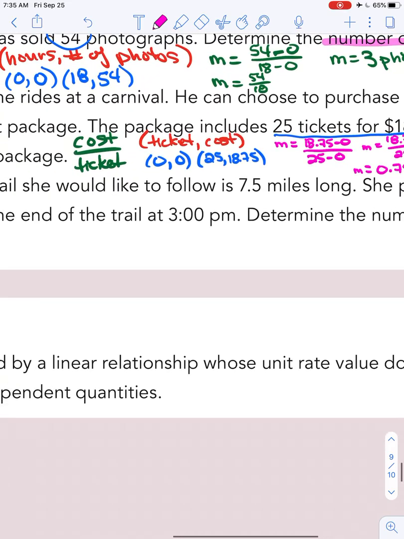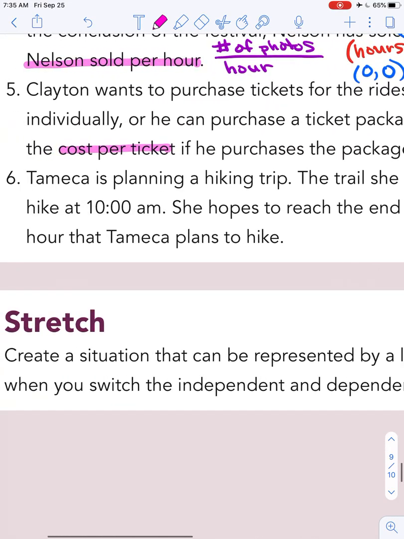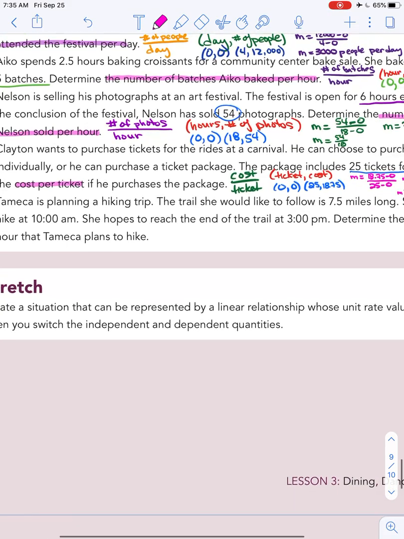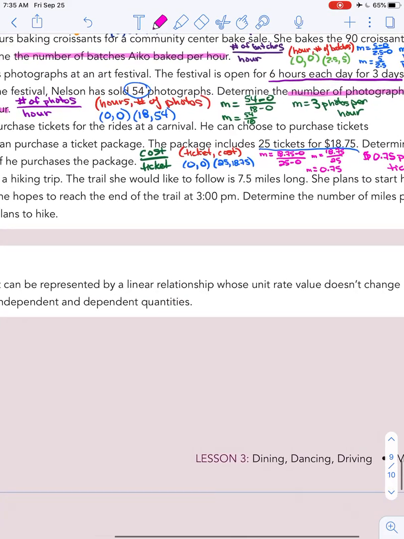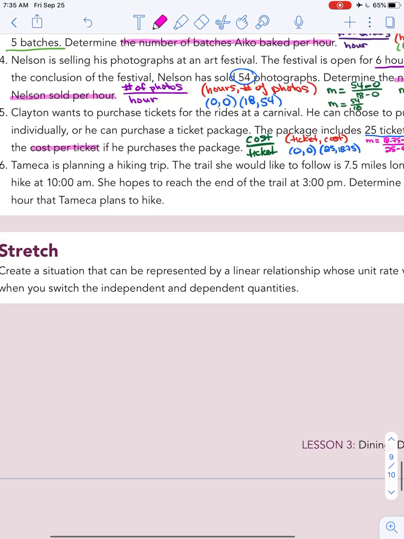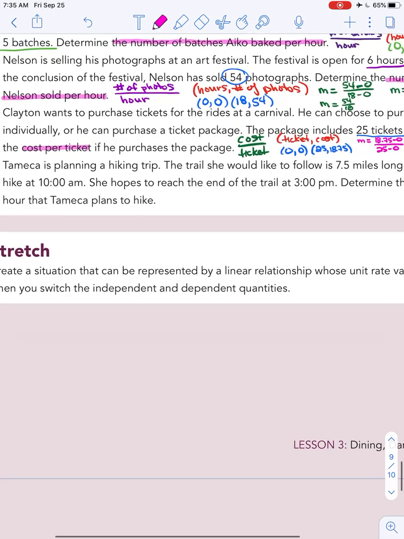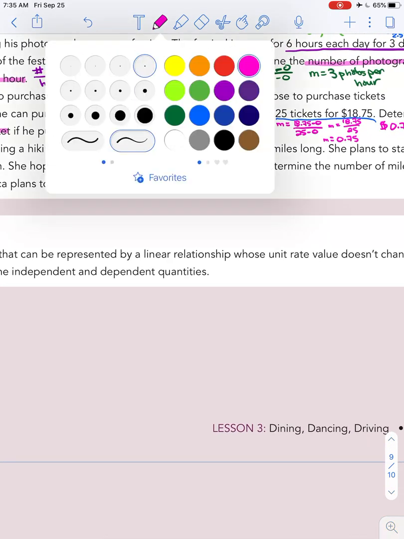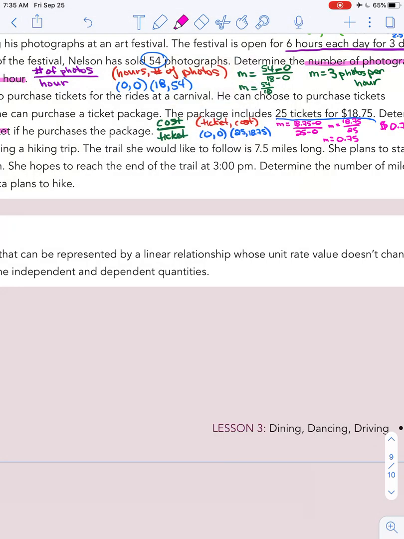Okay, the last problem on this page. Tameka is planning a hiking trip. The trail she would like to follow is 7.5 miles long. She plans to start her hike at 10 a.m. She hopes to reach the end of the trail at 3 p.m. Okay, awesome.